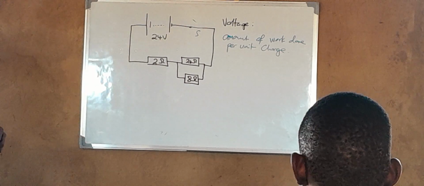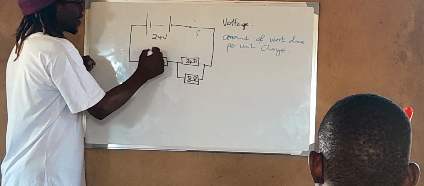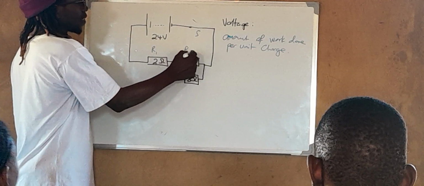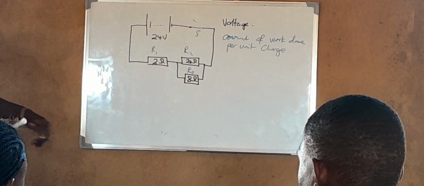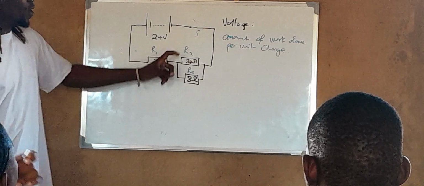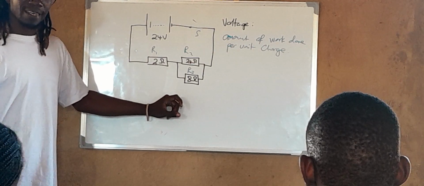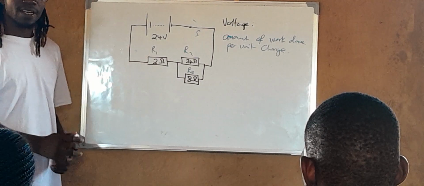And again, this can be our resistor 1, this resistor 2, this resistor 3, right? Can you see that this resistor 1 is in series, resistor 2 and 3 then what? Parallel. But at the end of the day, these two, they are in series with this one, right?